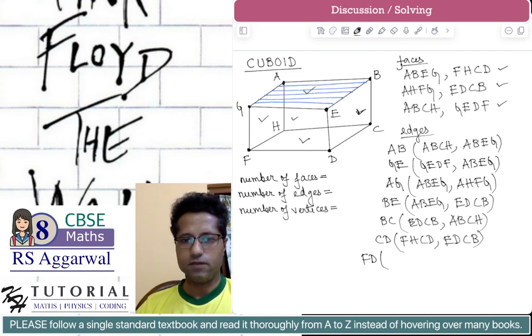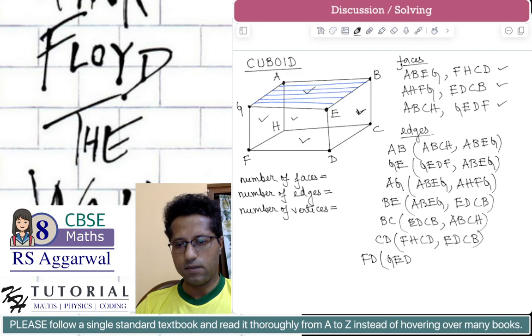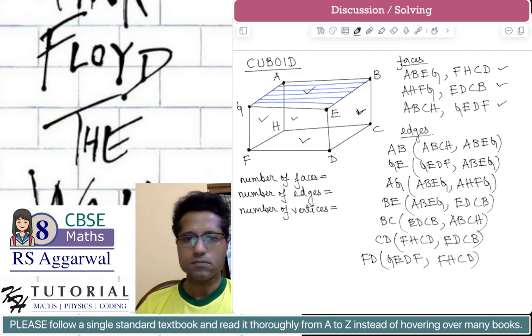One obviously will be GEDF, and the other one will be the bottommost face, which is FHCD.